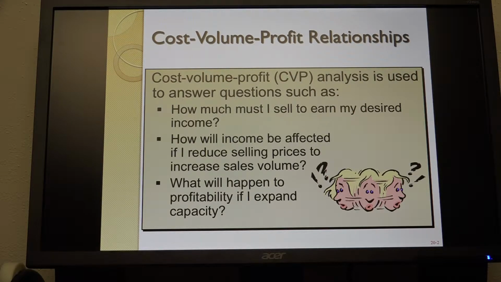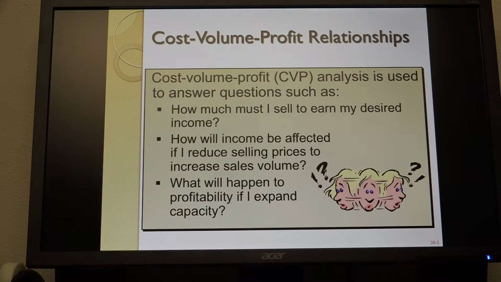Some of those might be, how much must I sell to earn my desired income? There, the number of units could be involved. You could translate that into dollars as well. How will income be affected if I reduce selling prices to increase sales volume?